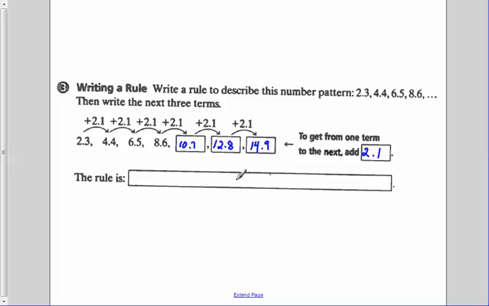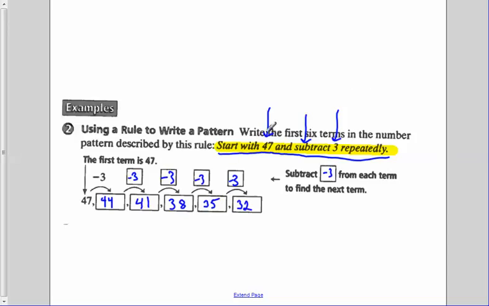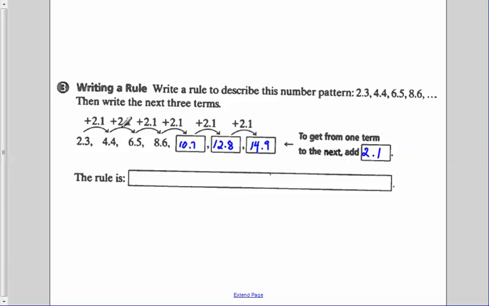So the rule, I know that I'm going to add 2.1 repeatedly, but remember the previous example where we have to start off with something. The previous one said start with 47. Well, what am I starting with here?